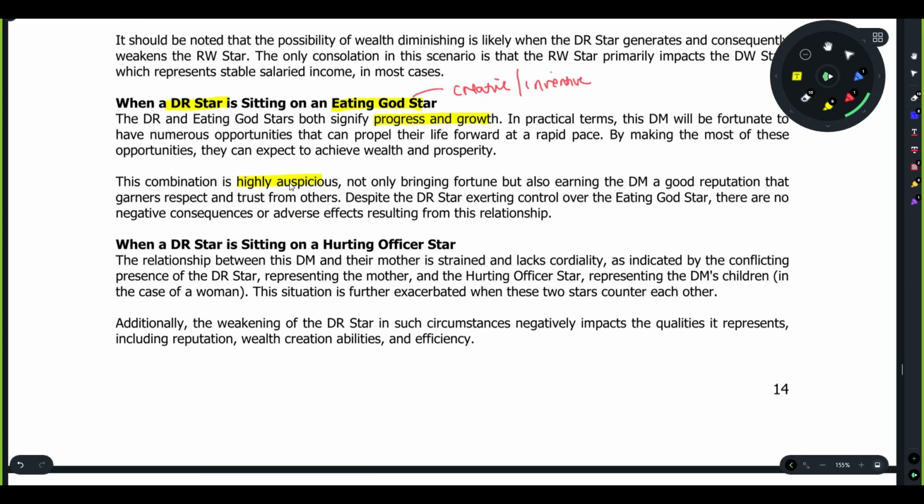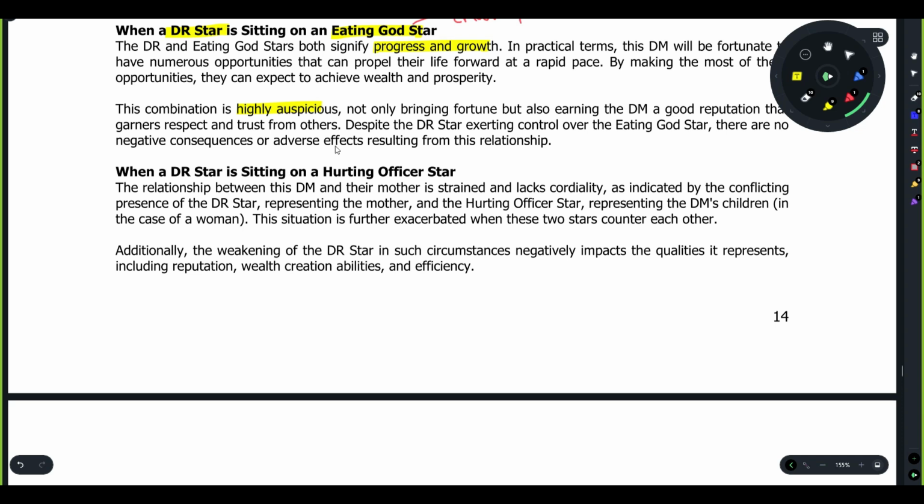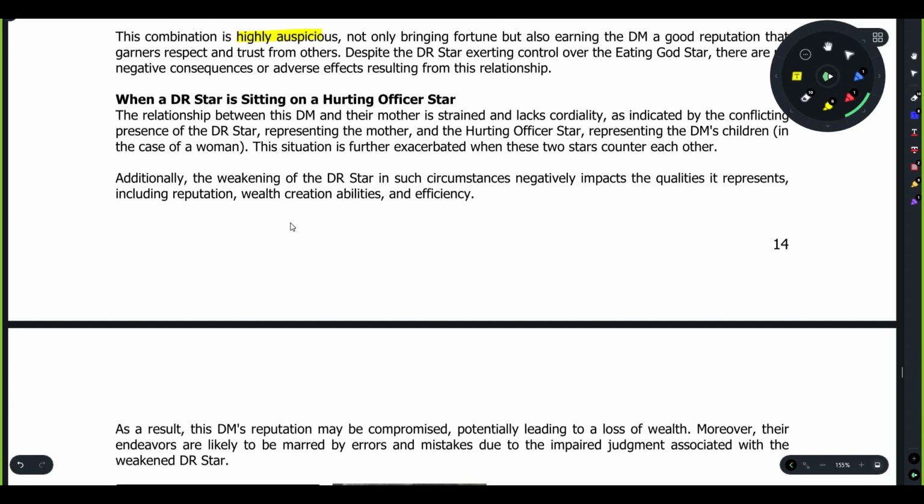Now let's take a look into direct resource sitting on hurting officer. Hurting officer is usually considered a very non-sentimental countering, because both of them will be of the same polarity. And so if negative, it tends to affect the ability to create wealth and the ability to make the right decision itself.